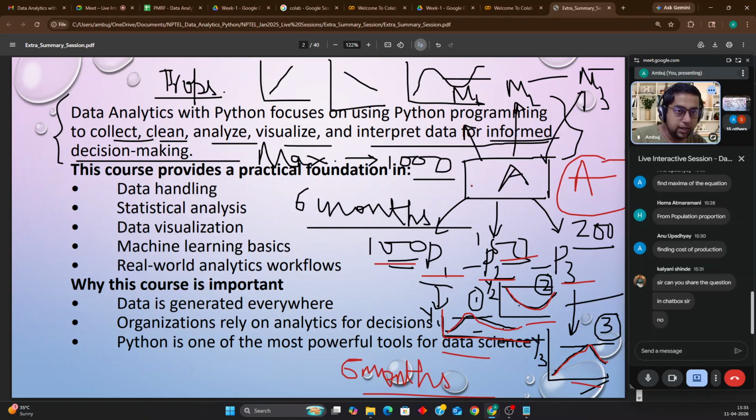Now, P1, P2, and P3 are manufactured through three machines. The name of the first machine is M1, the second machine is M2, and the third machine is M3.